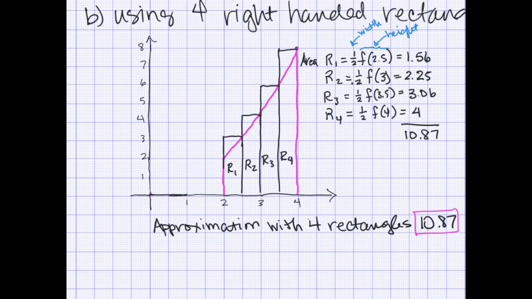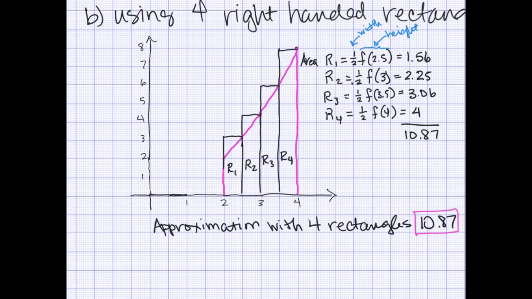Okay, we're going to try again with 4 rectangles this time. The same curve, we're just splitting it up into rectangles that are half the width of the previous one. So this time each rectangle is 1/2 wide, so we're going to change that. And then we still have the same places where we're going to put the height in for the rectangles.